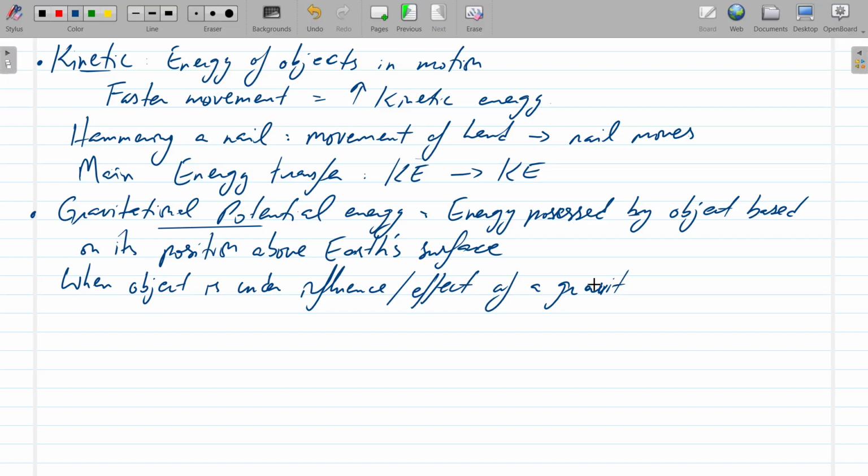Right, you would also experience gravitational potential energy on the moon or any other planet that has gravity, or any other moon or satellite. Obviously that would differ as to what the gravitational field strength is of that satellite. And so the higher up the body is, the further away it is above the Earth's surface, the more of a store of gravitational potential energy it would have.